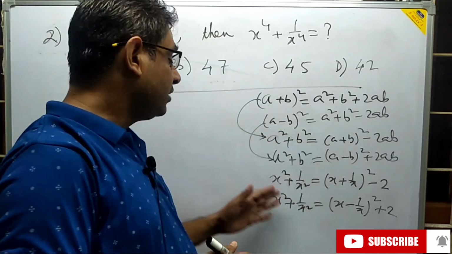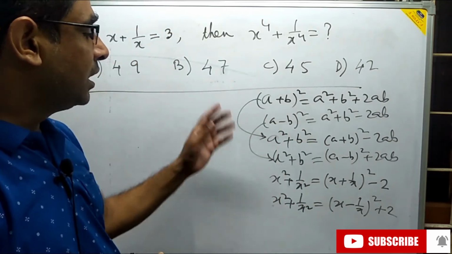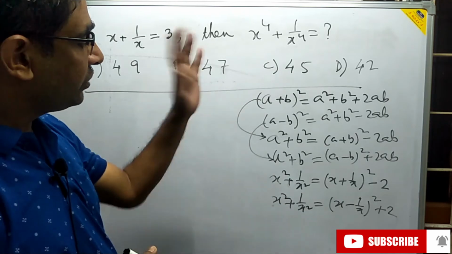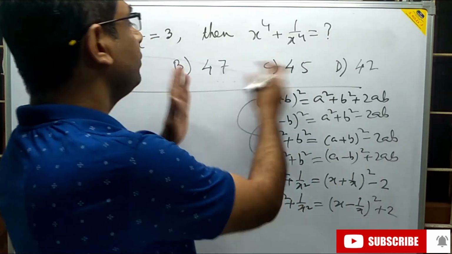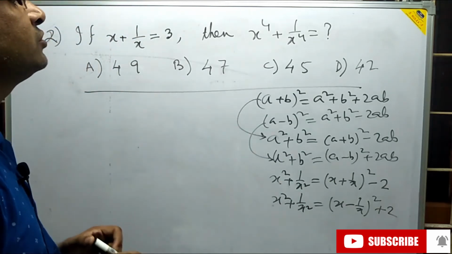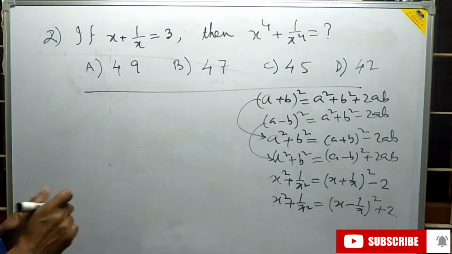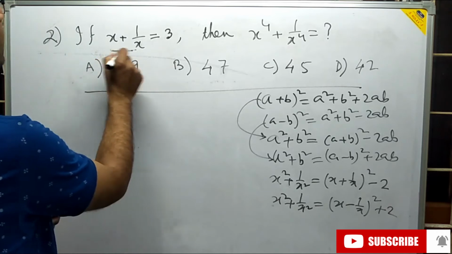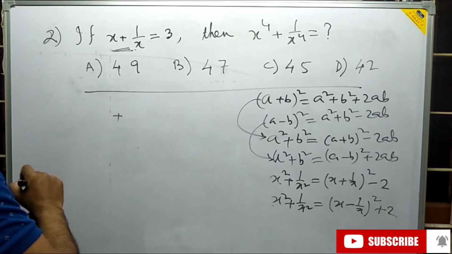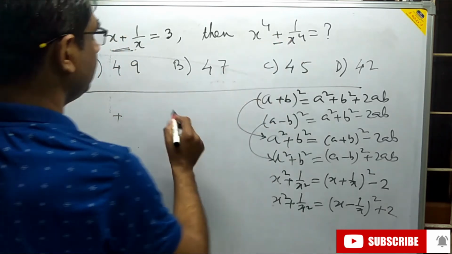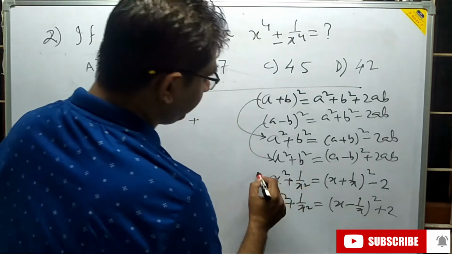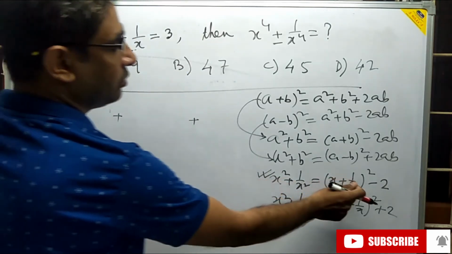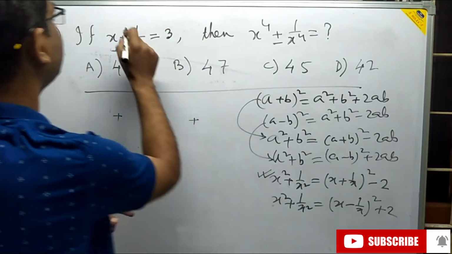I just want to recall the formula again, because if you know the formula, then you can easily use the shortcut tricks. See, if the first one is positive and this one also positive, both are positive, then we have to use this minus formula.